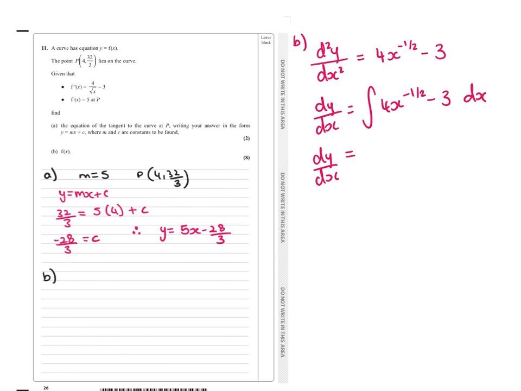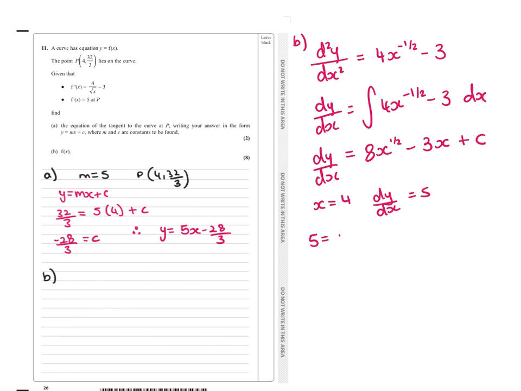Okay, when we integrate, we increase the power by 1, which gives us a half, and divide by the new power. 4 divided by a half is 8. Increase the power by 1, 3x becomes x squared, divide by the new power, which is 2, then our constant of integration, plus c. Now, lucky for us, we know when x equals 4, our gradient equals 5, because we were told that in the question earlier.